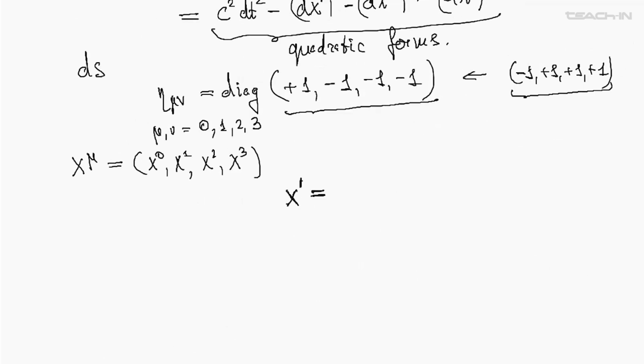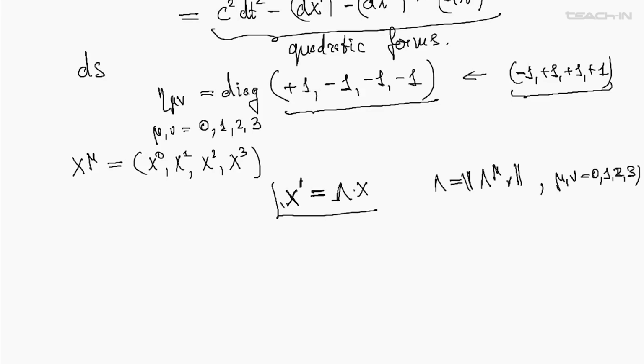So Lambda is a matrix Lambda^mu_nu, where mu and nu run over 0, 1, 2, 3, and the form of the Lorentz transformations is given by this formula.